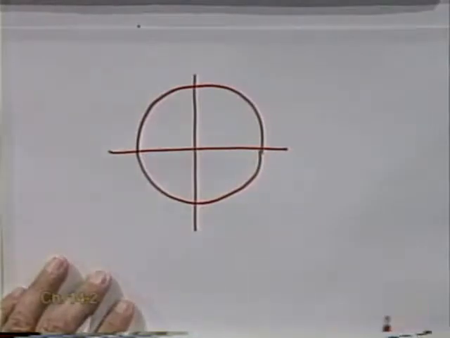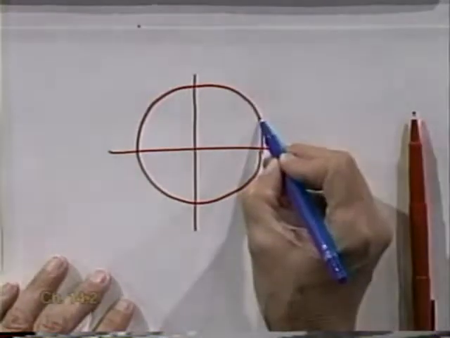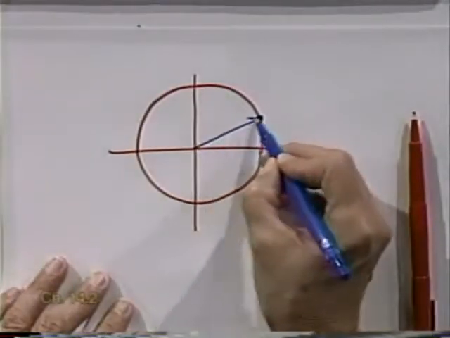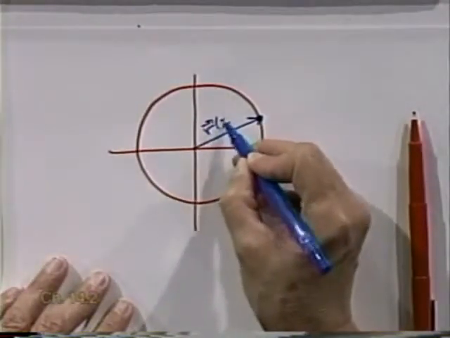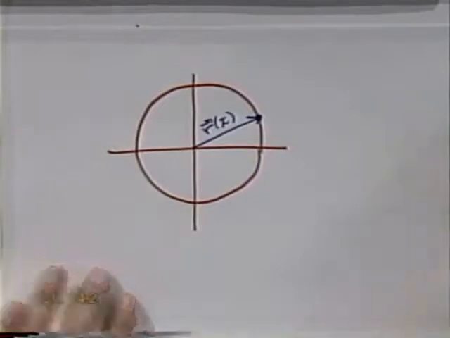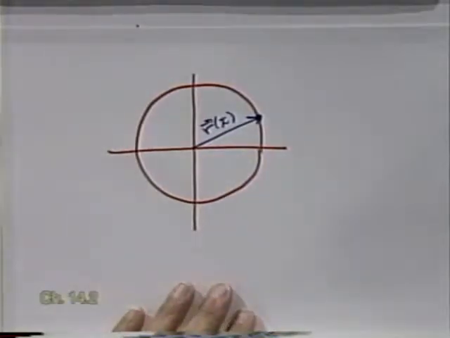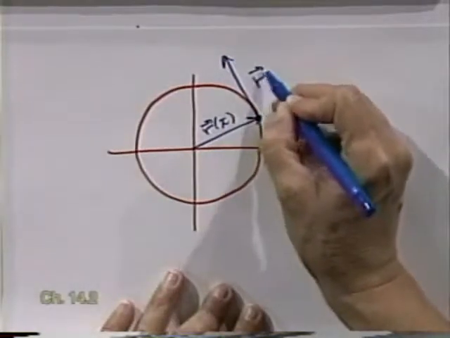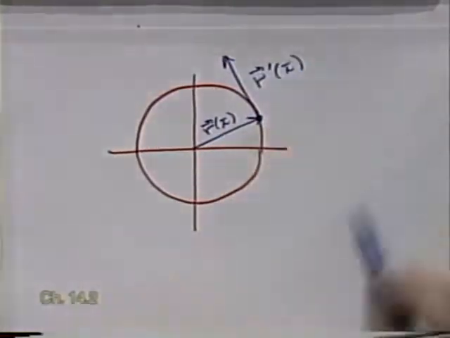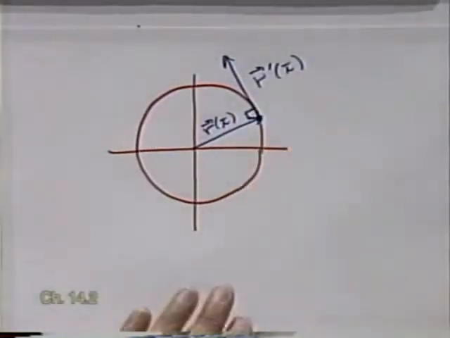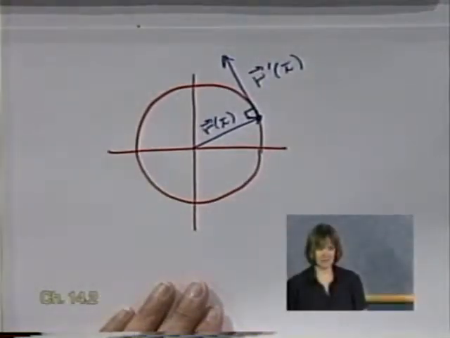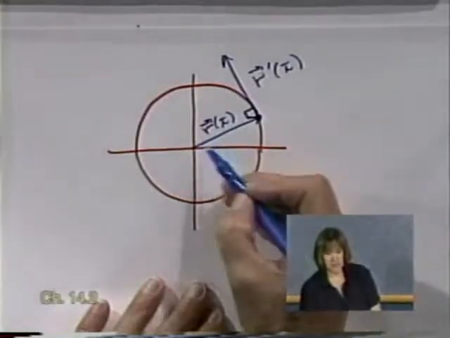And what we have just proven is if you pick any point at all and you draw a position vector, there's my position vector, r of t, and you draw the tangent vector, the angle between them is 90 degrees. Okay? That is if the magnitude of r is a constant.